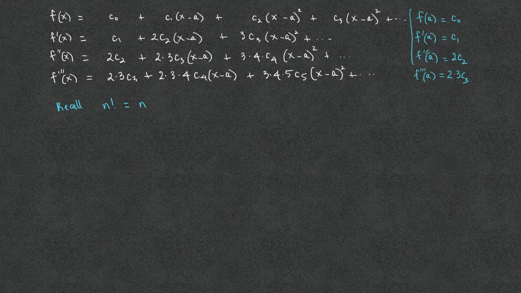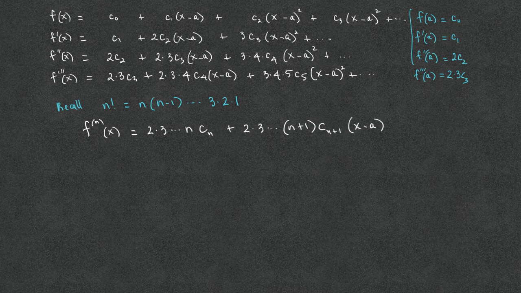Recall that n factorial is the product of all integers from n down to 1. Therefore, the nth derivative of f of x is 2 times 3 times dot dot dot times n c sub n, plus 2 times 3 times dot dot dot all the way to n plus 1 c sub n plus 1 times (x minus a), plus dot dot dot.